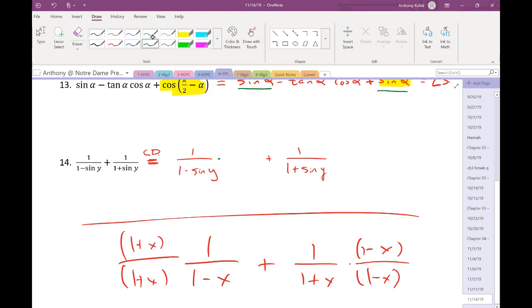1 minus sine times 1 plus sine. Yes, there you go. So to the first one, we'll multiply a 1 plus sine, and to the second one, we'll multiply a 1 minus sine.